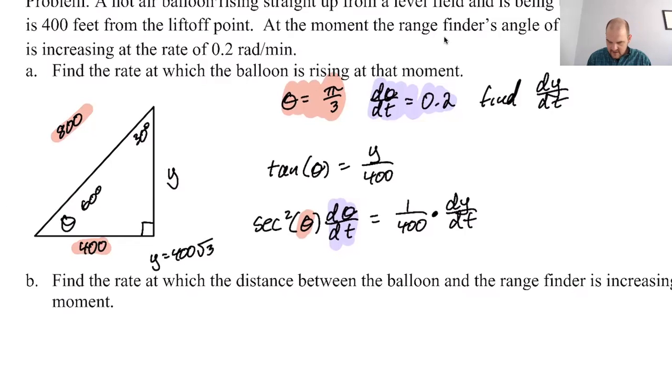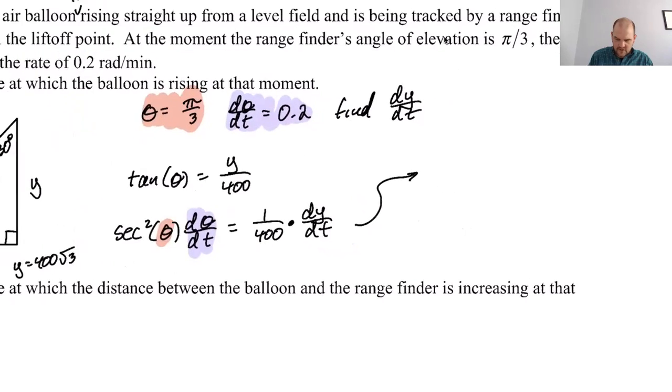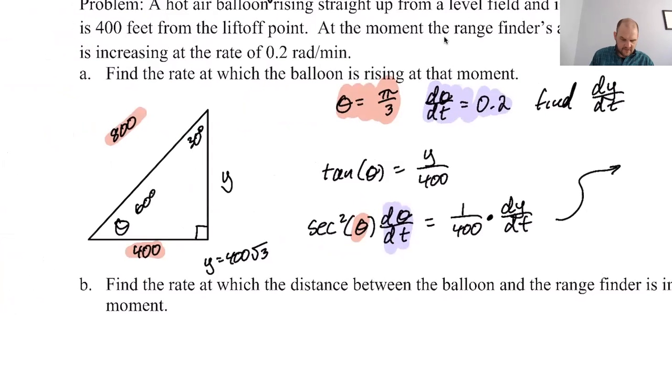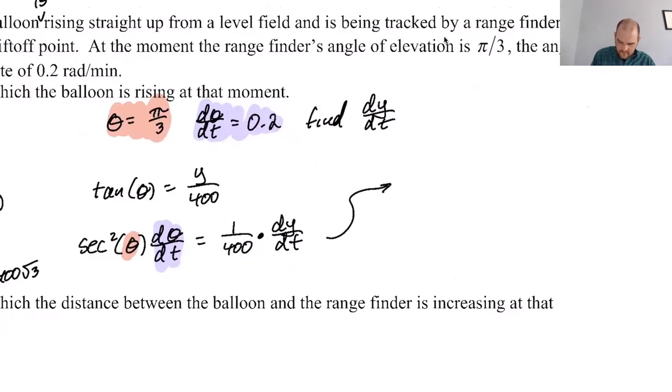Let me write it down over here. Secant of theta is 2, right? And so 2 squared times d theta dt, which is 0.2, but I'm going to say 1/5 because I don't really want to use a calculator and it's a little easier, times 1 over 400. And dy dt is what we're looking to solve for.